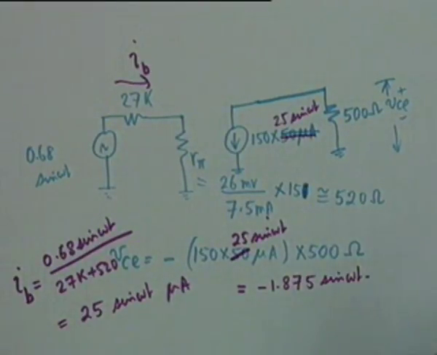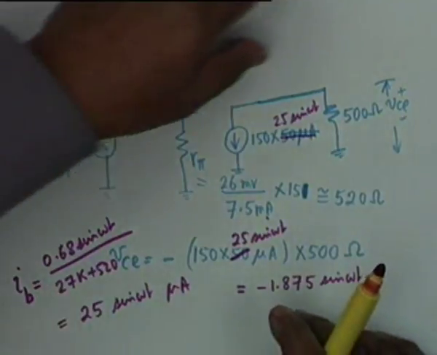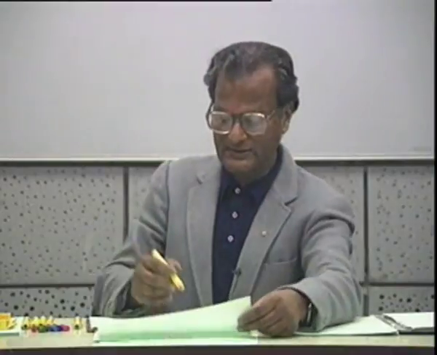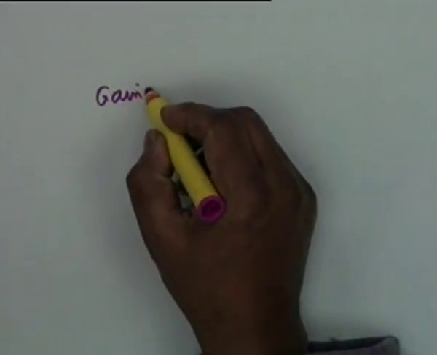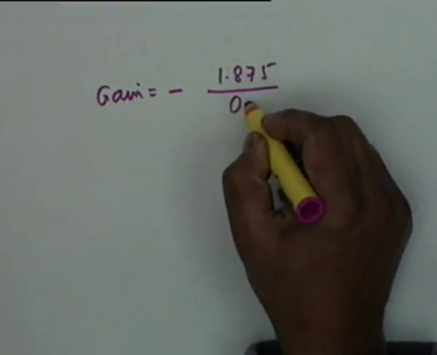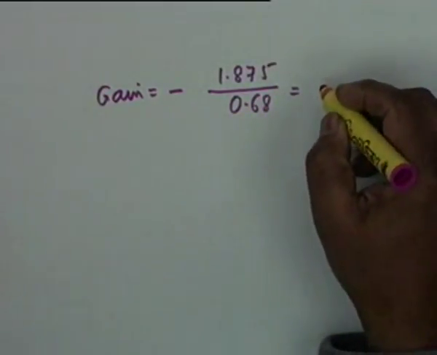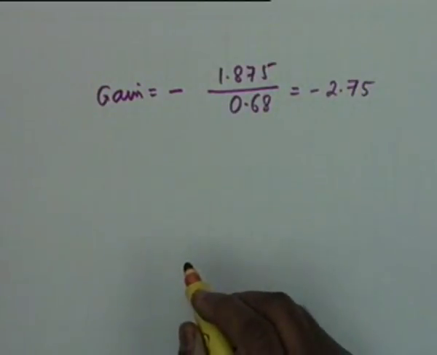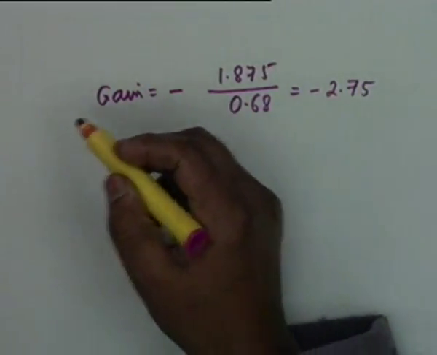So the gain is the ratio of the two, sine omega t cancel, and we get gain as minus 1.875 divided by 0.68, which is equal to minus 2.75.